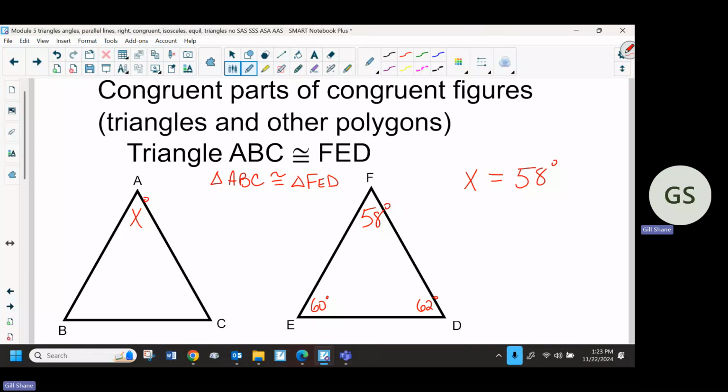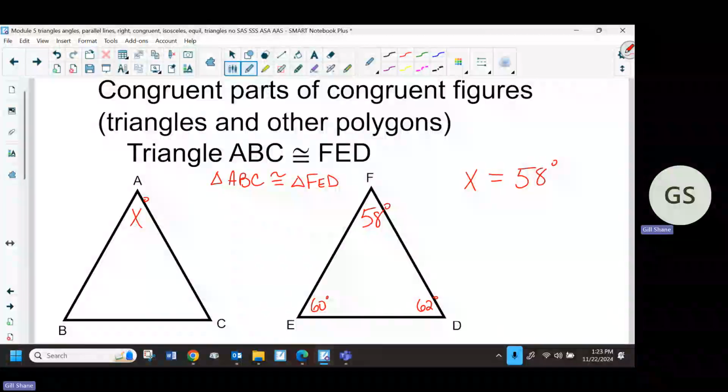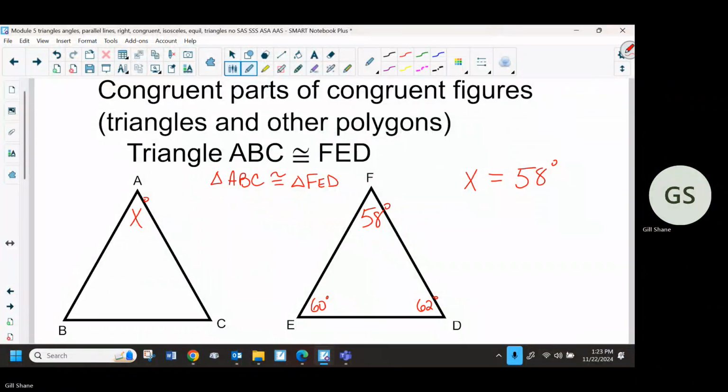So that would be the equation. That's the way I would set up an equation if I had more than just X there. Like if it was 7X subtract 10, and then that was 58, then I could solve for X. But that's the simple version. There's only an X there, so we just say that equals that. Right?